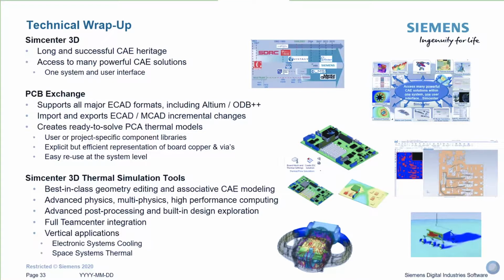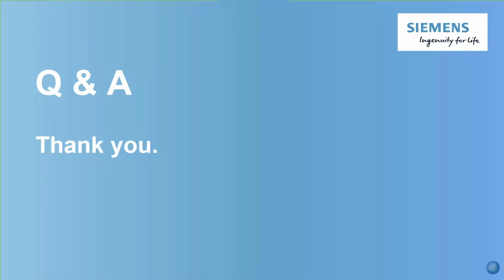Essentially, Electronic Systems Cooling, which is aimed more at electronics and has the CFD capabilities involved in it. And then for space applications, we have Space Systems Thermal as a solver environment.